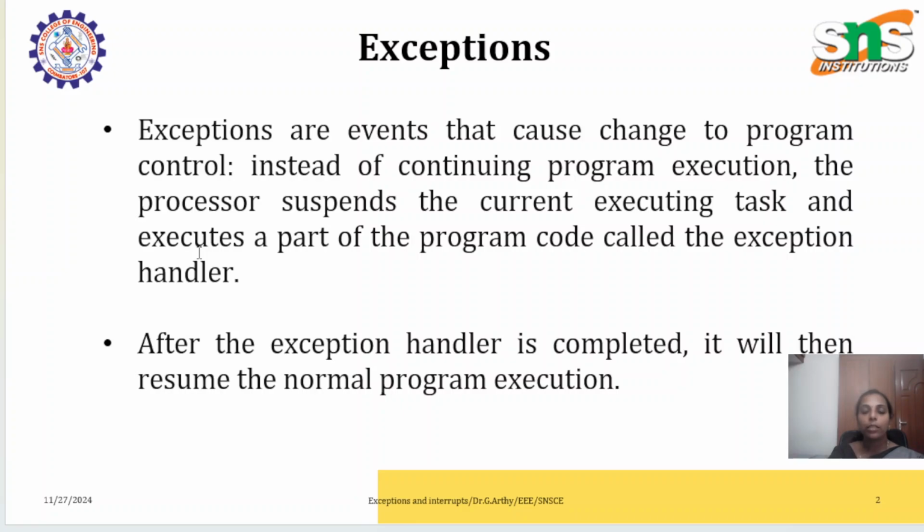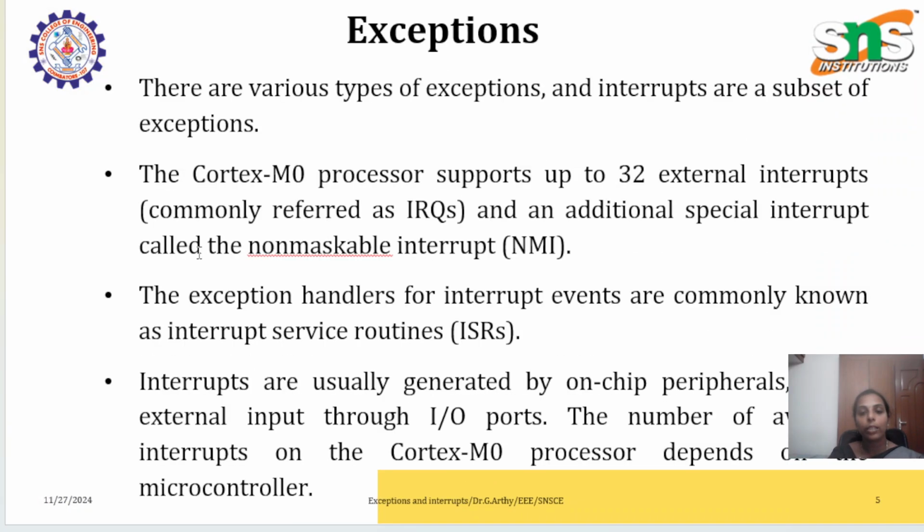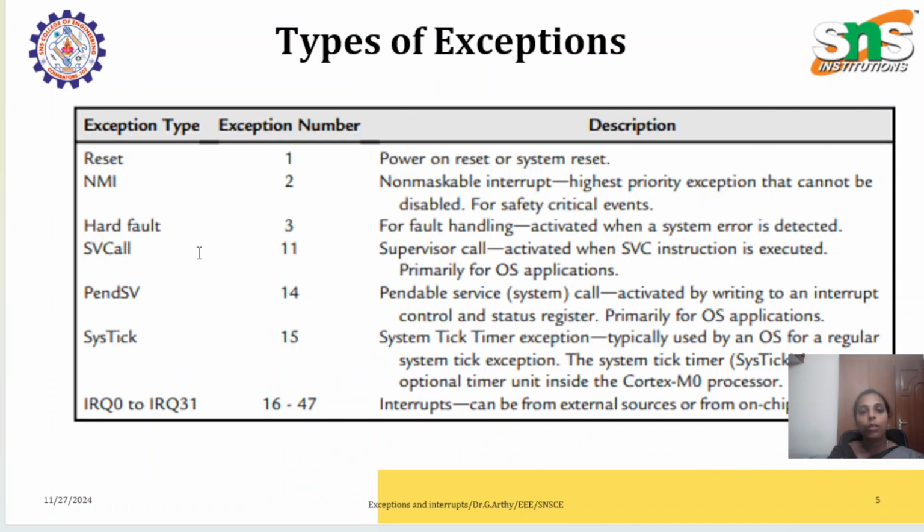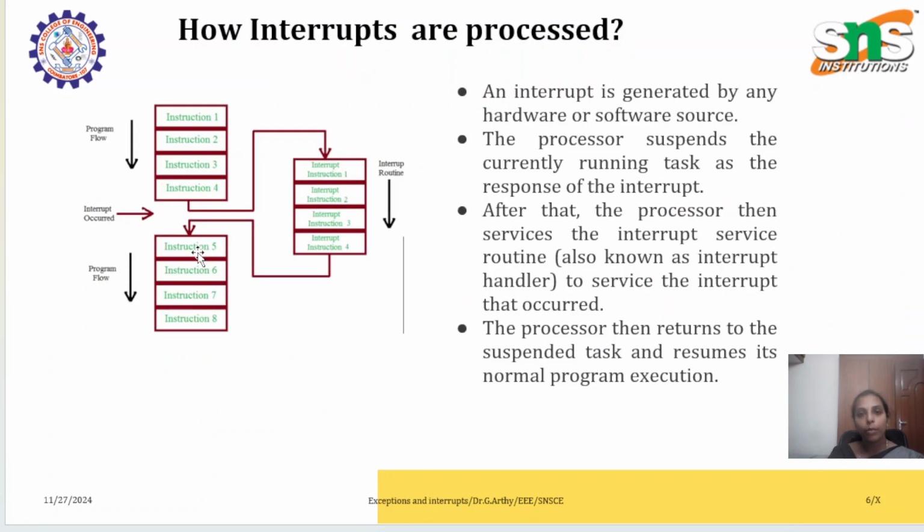NVIC is a special feature of the ARM Cortex-M0 architecture we have discussed. That is, it has the NVIC, the nested vector interrupt controller, with which 32 interrupts can be executed. Once exception 1 enters, and meanwhile exception 2 enters, and suppose exception 2 has the higher priority, exception 1 will be held and exception 2 will be executed first.